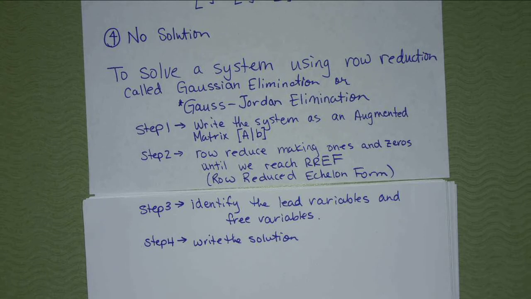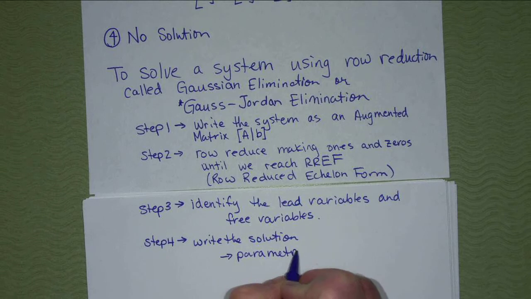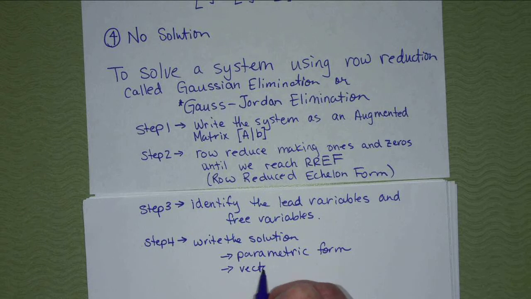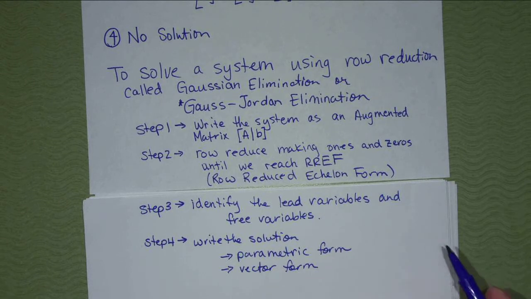So we write the solution, and we're going to write it in parametric form and in vector form. The solutions could be no solution, one solution, a line, or a plane, any of those four possible solutions.